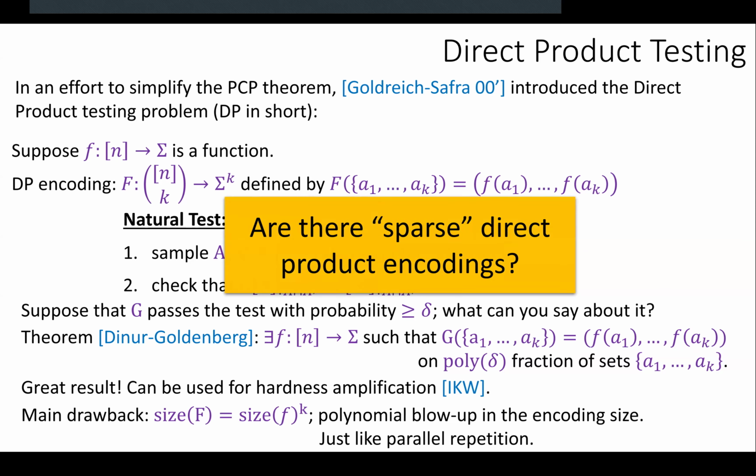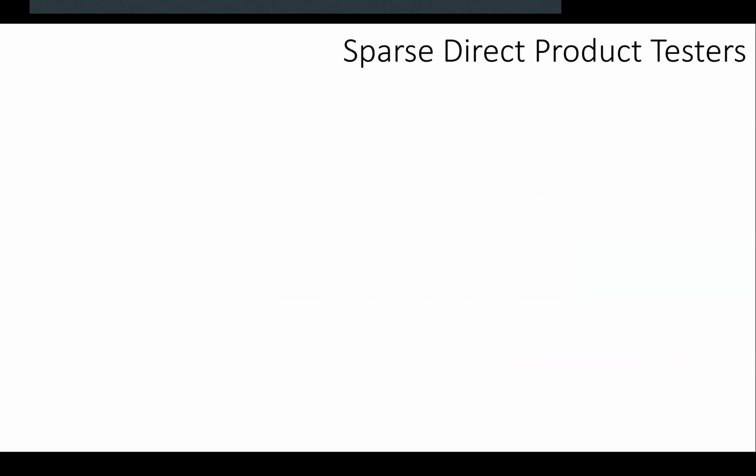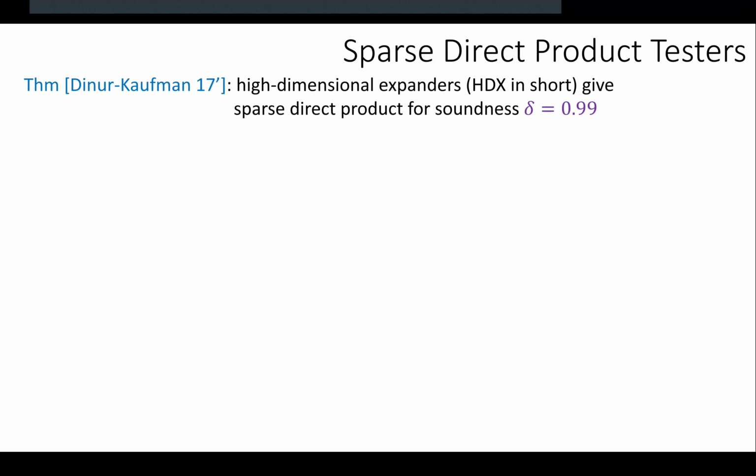Now we come to the question: how do sparse variants work? Can you use some different, smaller capital G? Prior work by Dinur, Filmus, Harsha, and Kaufman suggested that high-dimensional expanders can be used to come up with sparse objects that work like such testers.